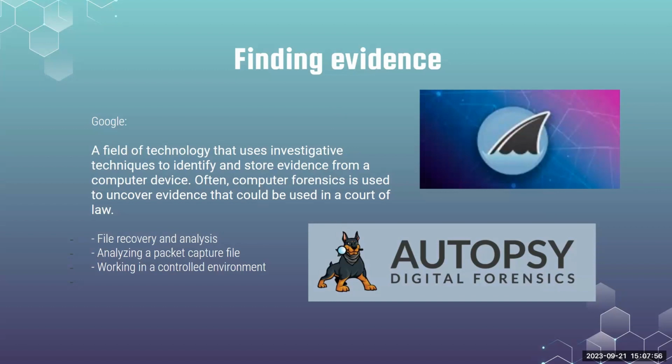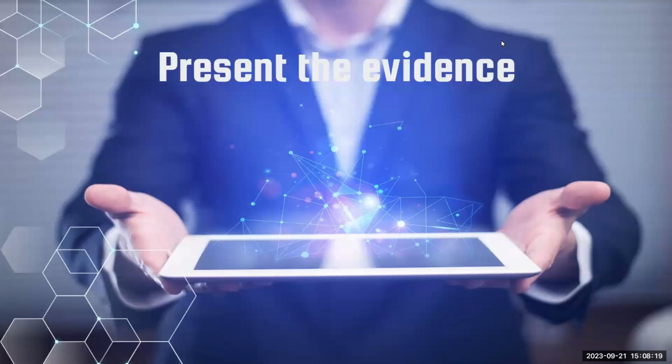And whenever you're working on files from another computer, you don't really want to use that computer because you're giving more possibility of some data being messed up, or you just never know. So typically they'll take a copy of the hard drive of that computer and work on it somewhere else and leave that computer alone to not tamper with the evidence at all. And then once you find the evidence, you present it, obviously.